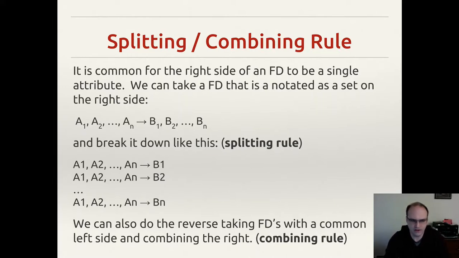Basically what we're saying here is that if you have a functional dependency, a set of attributes A, and you have a set of attributes B, and they're functionally dependent on each other, you can break down the right side, if you use the splitting rule, into smaller right sides. Usually it would be a single attribute on the right side, but you have to leave intact the original A set, right?